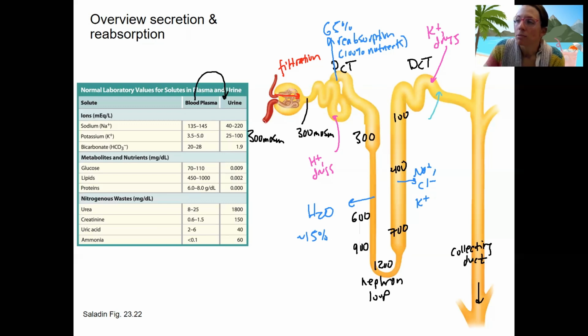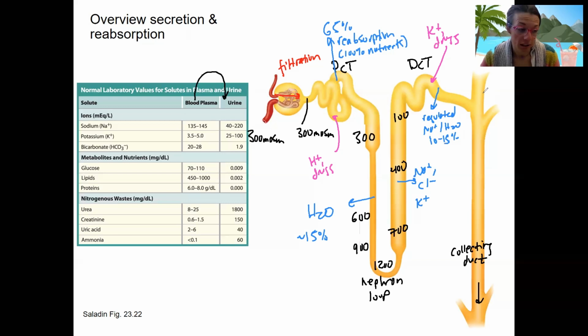So at this point, we have about 10 to 15% more of our water reabsorbed. Oops, I have that last arrow the wrong way, right? Because reabsorption should be this way. This is regulated. We'll talk about this: sodium, water, and we've got about 10 to 15% more water reabsorbed.